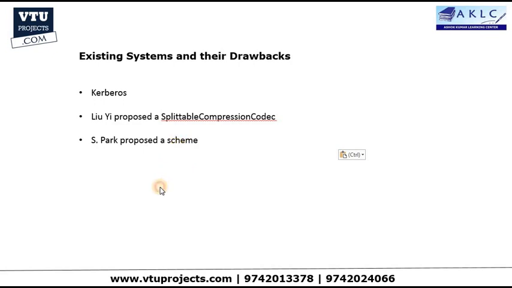We are not going to explain the working of the existing systems because the IEEE author has already studied them and proved that they are not efficient. So we will simply mention the names of the existing systems and their drawbacks, and then we will move on to the proposed system.